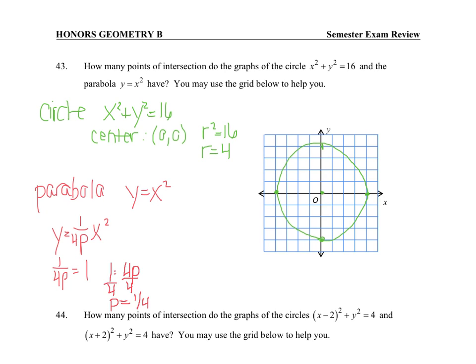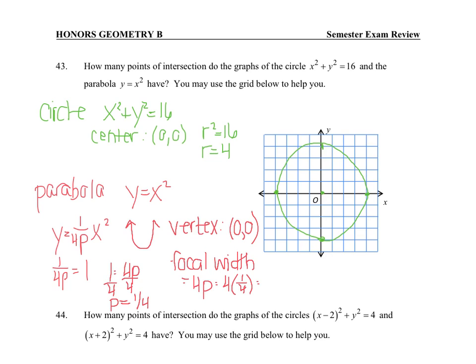Now, because it's y equals x squared, I also know that my parabola is going to open upwards, and my vertex is going to be at the origin, 0, 0. And I know that my focal width, which equals 4p, is going to be 4 times 1/4, which is 1. This means I'm going to go half p in either direction of the width. So my vertex is going to be here at the origin.